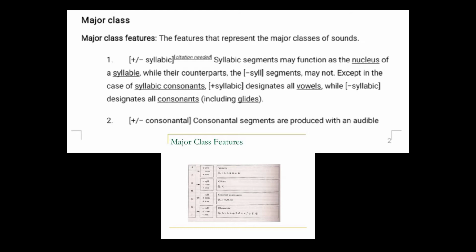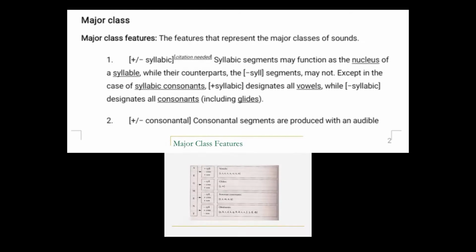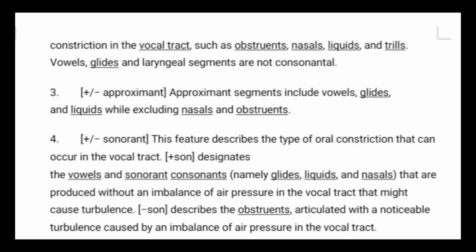Positive and negative consonantal. Consonantal segments are produced with an audible constriction in the vocal tract, such as obstruents, nasals, liquids, and trills. Vowels, glides, and laryngeal segments are not consonantal.